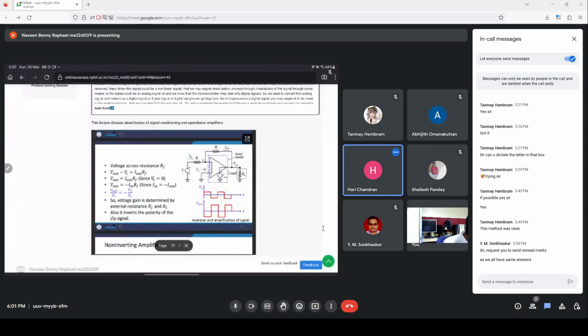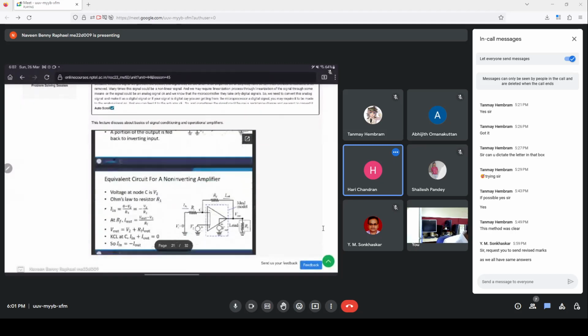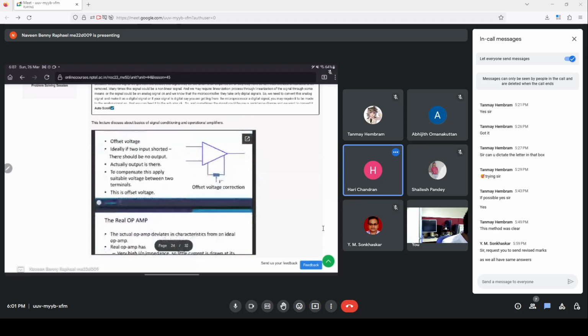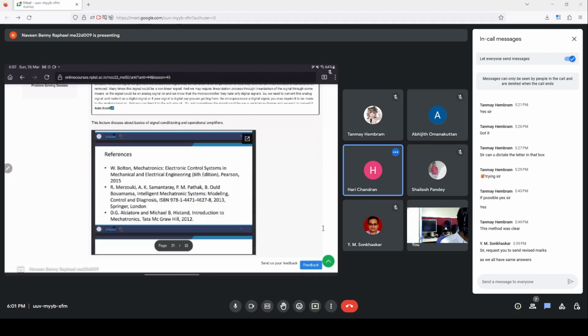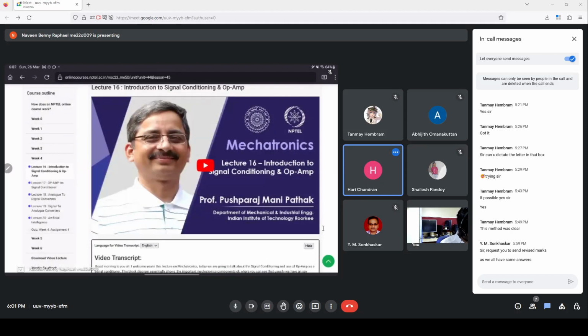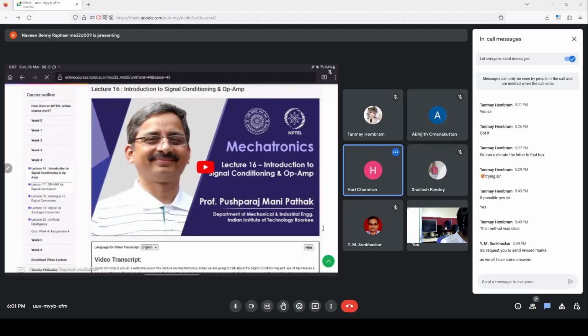There's one extra port here, but there was a much better diagram which properly showed the inner workings of the operational amplifier. I think it's in the next lecture.